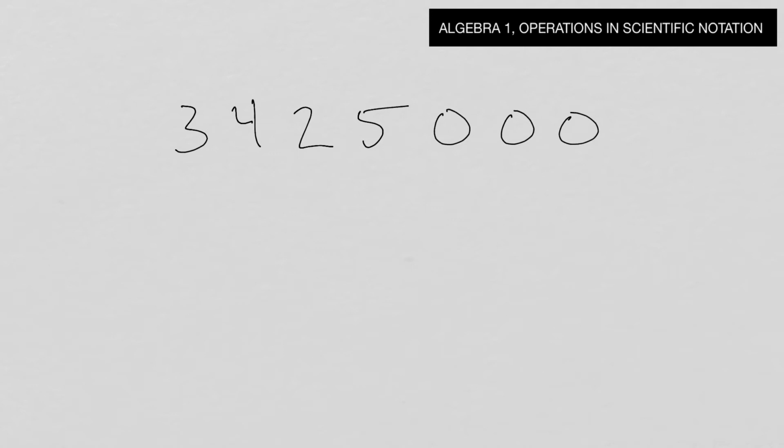Okay, one more time. If I have a big number, let's say 3, 4, 2, 5, 0, 0, 0, and I want to convert this to scientific notation, you note that the decimal is at the very end here. We're going to count 1, 2, 3, 4, 5, 6.